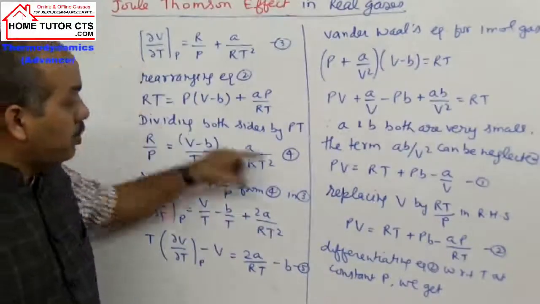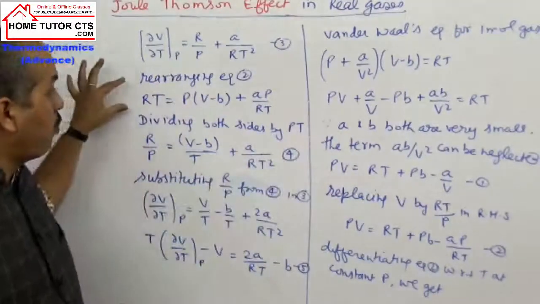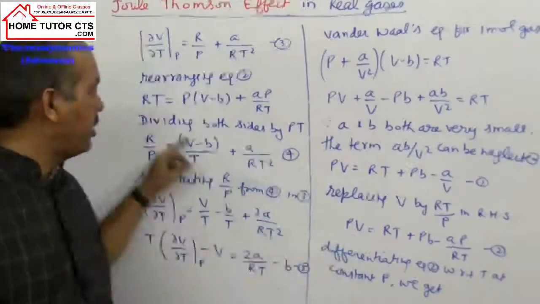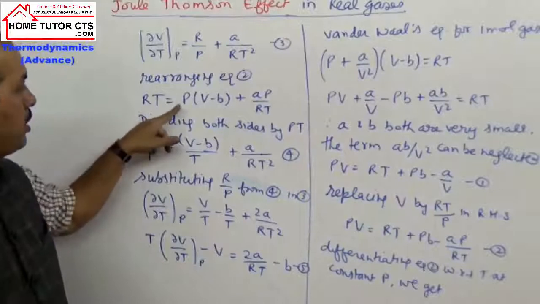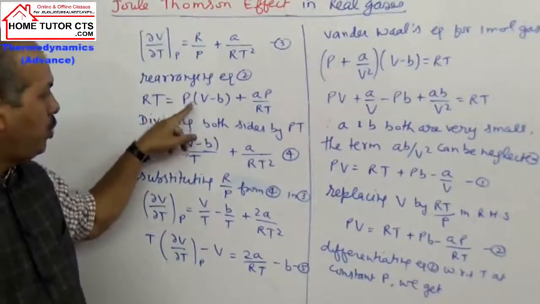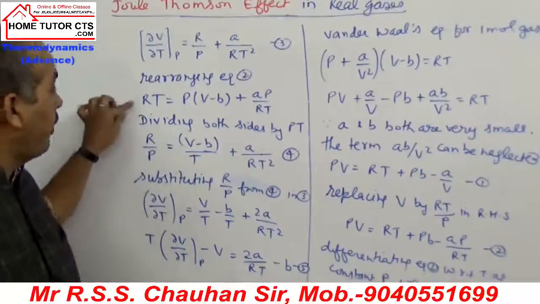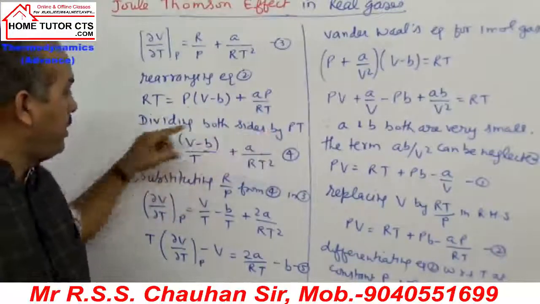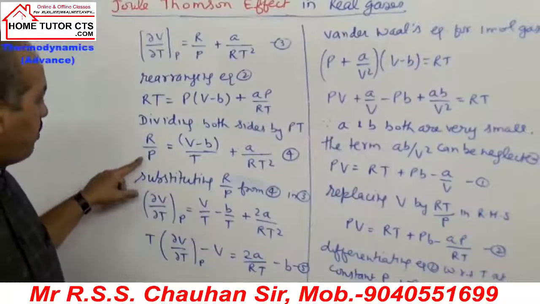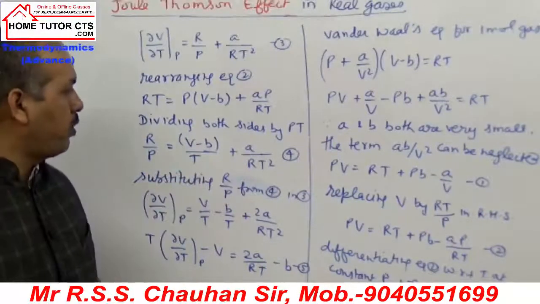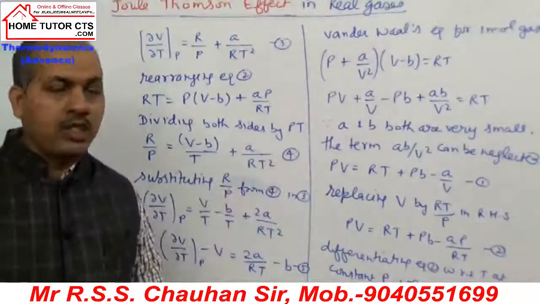Now this equation number 2 we can rearrange in one more form to resemble this equation. Rearranging equation number 2 once again, we can write RT is equal to P into (V − b + aP upon RT), and dividing both sides by PT, we get the expression R upon P is equal to (V − b)/T plus a upon RT square. It is equation number 4.